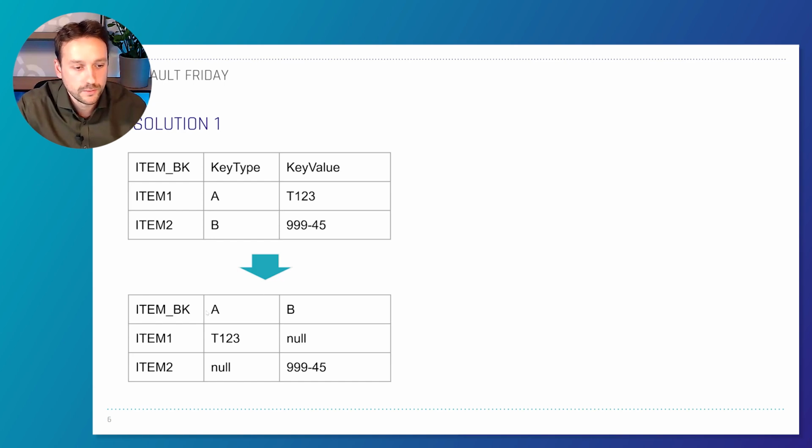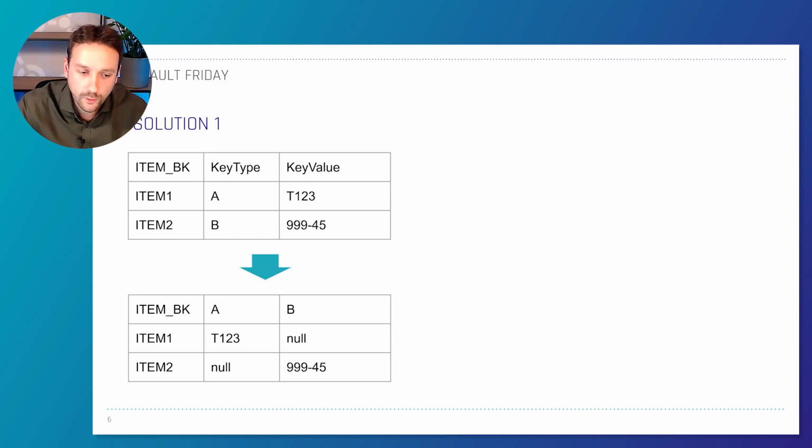And then you got the item business key, which remains the same. And the key type A turns into its own column. Then you have the key value T 1 to 3, and the second row is empty, but that's not a problem. And same for key type B. You have the null value in the first row, and then you got the filled business key in the second row.